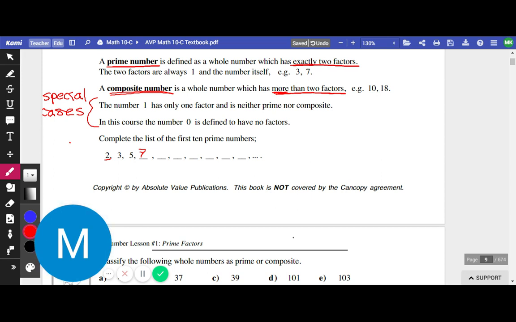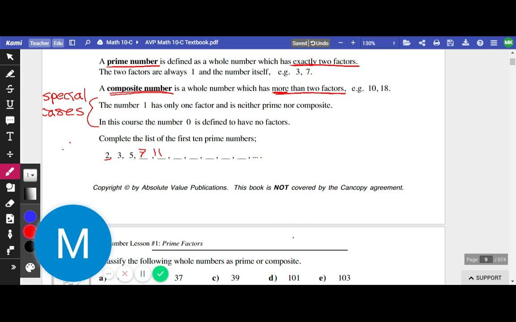Now, some people look at this and start guessing a trend, right? They say, well, 3, 5, 7, it's all the odd numbers, which doesn't work, because 9 is divisible by 3, so 9 is not a prime number. Your next odd number, 11, is a prime number.